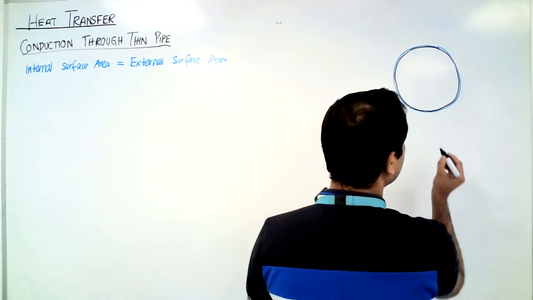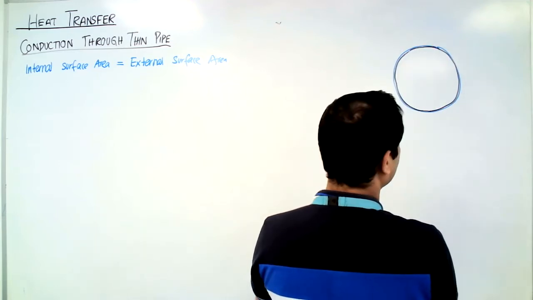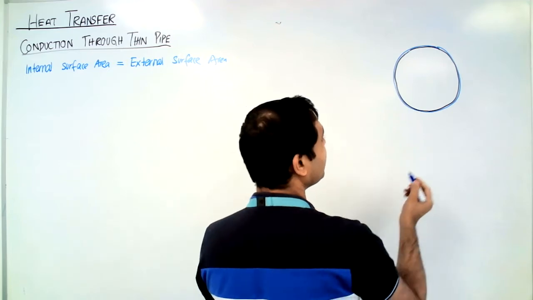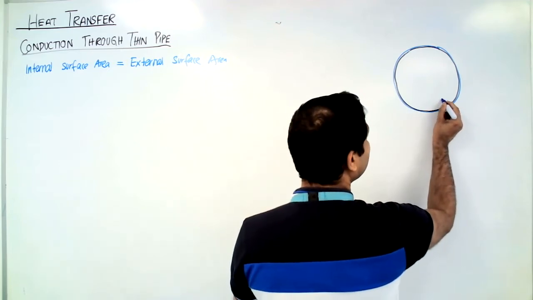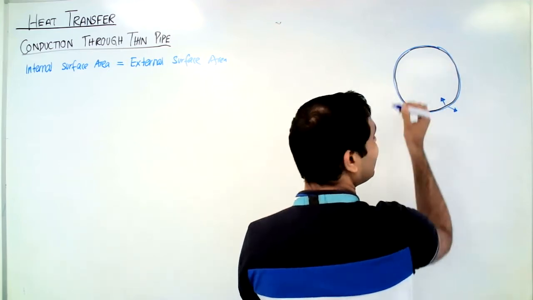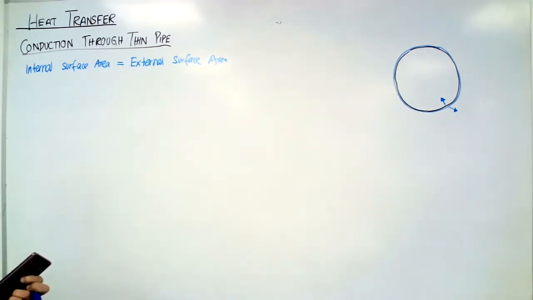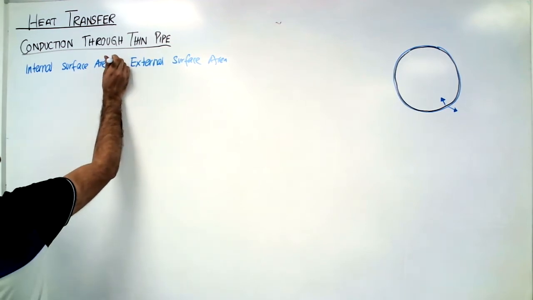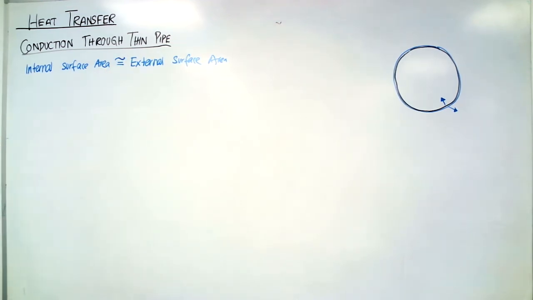If I measure the area of the outer one, the blue one, and the area of this one, they are kind of the same. In reality the internal surface area is nearly equal to the external surface area, so we assume they are 100% the same.